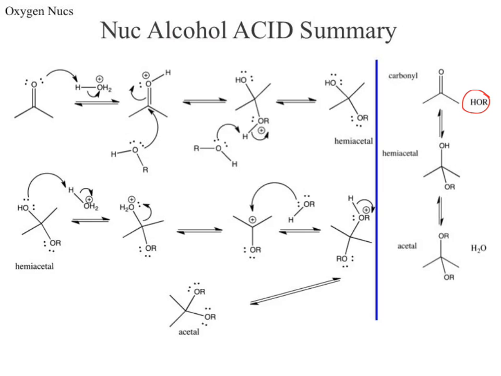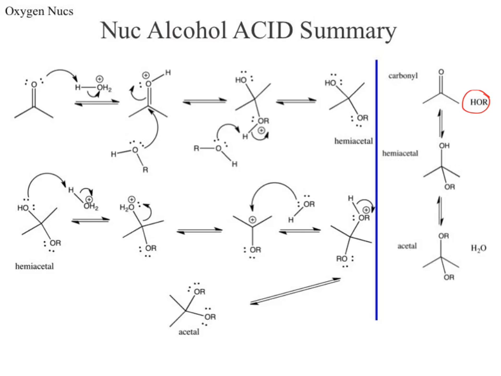It's 2 to 1. So it makes a lot more sense to add a lot of the alcohol because it's already in a 2 to 1 ratio. If I add more of the carbonyl, I would expect to end at the hemiacetal, not at the full acetal. Another primary reason why we add the alcohol is it's also cheaper. Okay? So we'll add a lot more of the alcohol because we can get away with adding a cheap reagent.